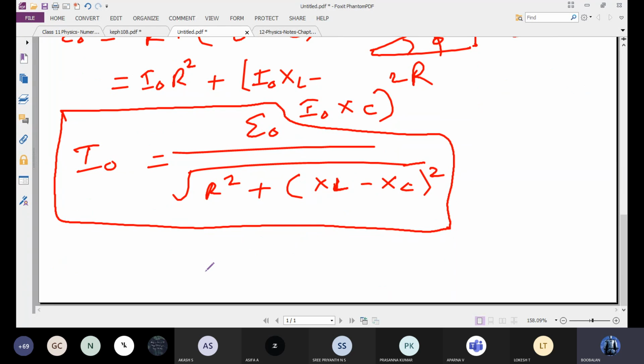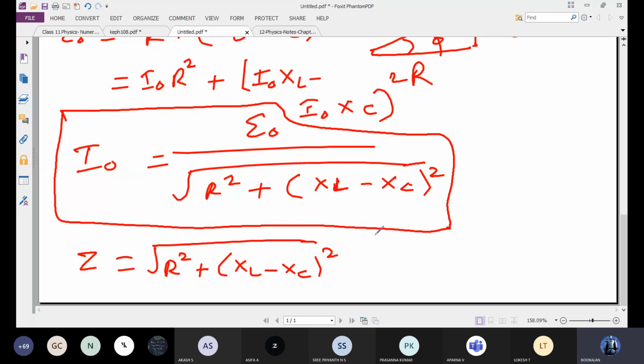Listen. So now I will use one constant, that is Z. So Z equal to root of R square plus XL minus XC whole square. Listen everyone.